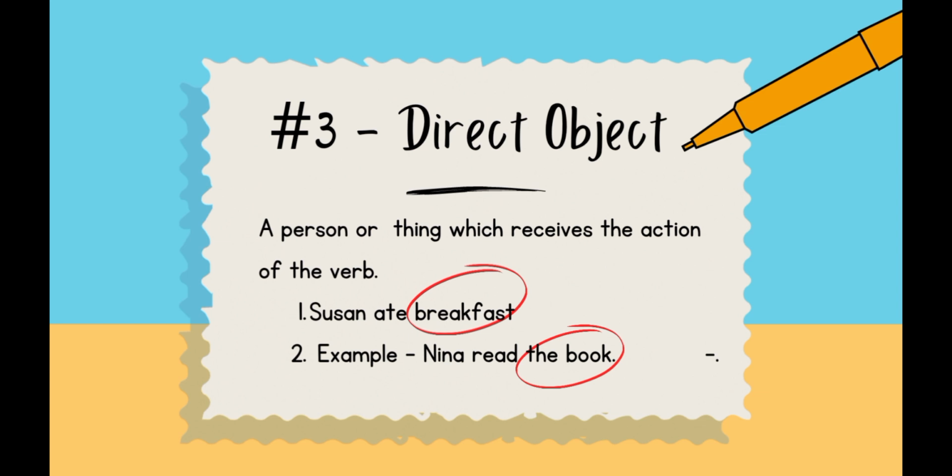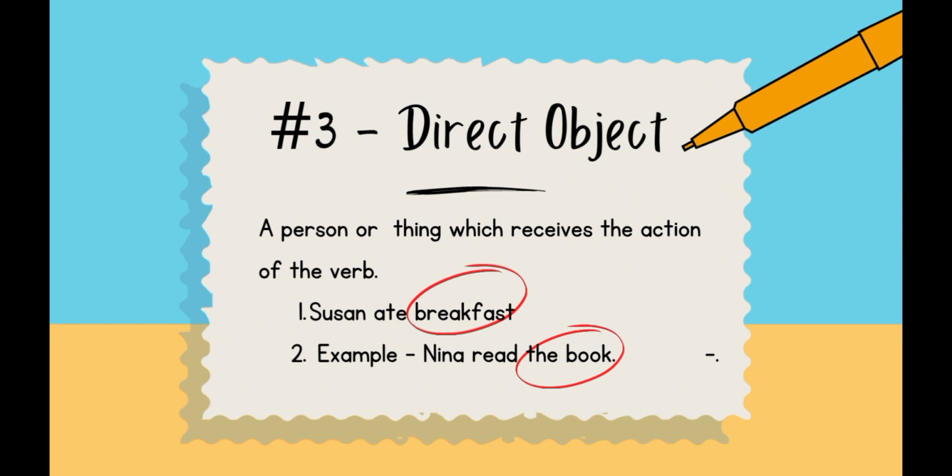Now, the third structure is direct object. Direct object is a person or thing which receives the action of the verb. So we have example, Susan ate breakfast.